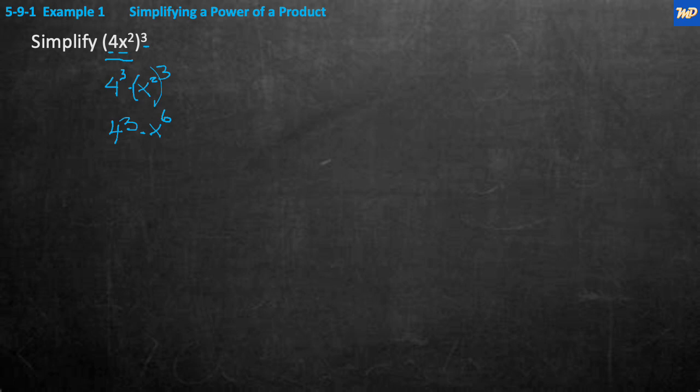But now we're going to raise the 4 to the cube power, so 4 is cubed. That is 4 times 4 times 4. 4 times 4 is 16, and 16 times 4 is 64. So we have 64 x to the 6th power.